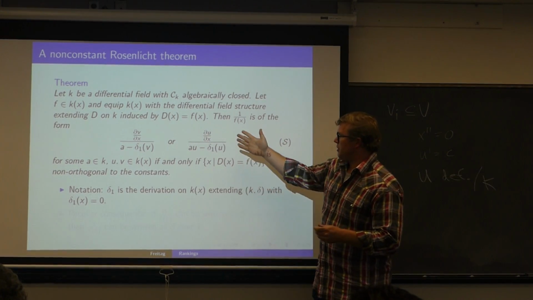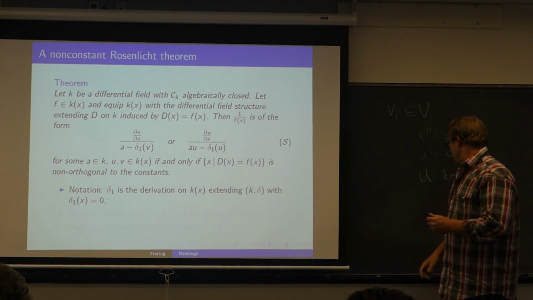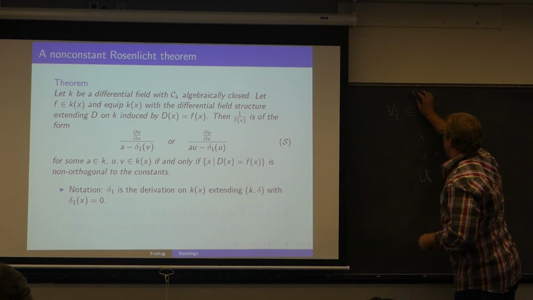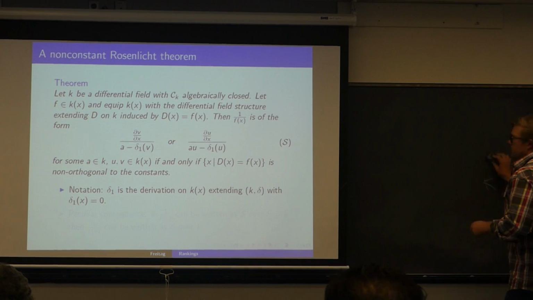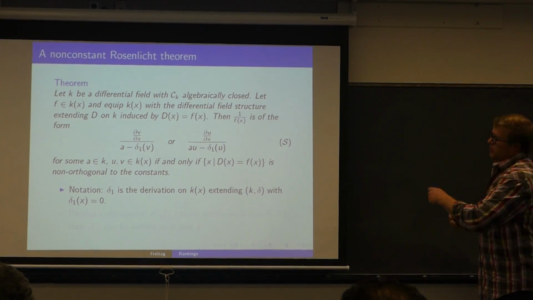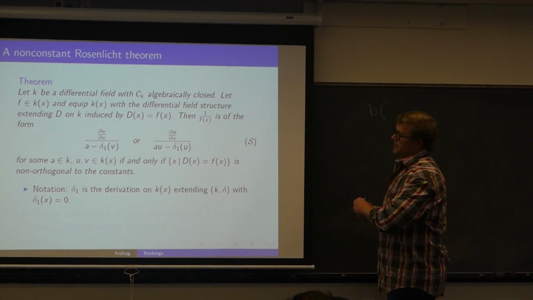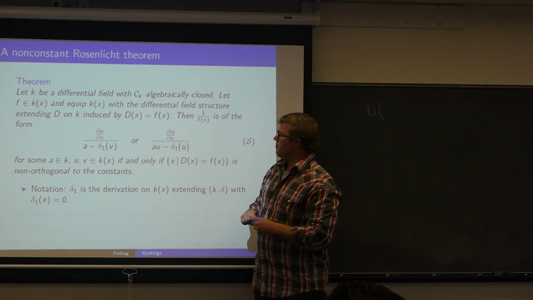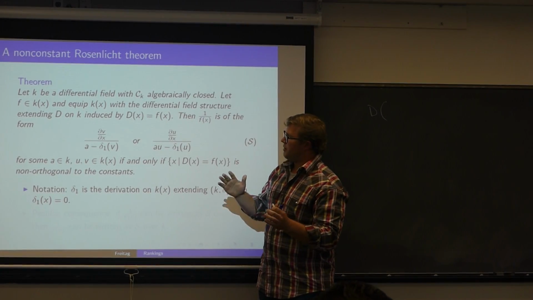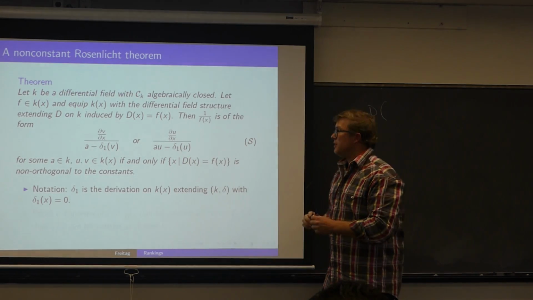The direction of, if you are in that form, then being able to see that you're non-orthogonal to the constants. Let's just see that with the form on the left. So if you start to take the derivative d, d is the derivative that extends the derivation delta on k and sends x to f of x.